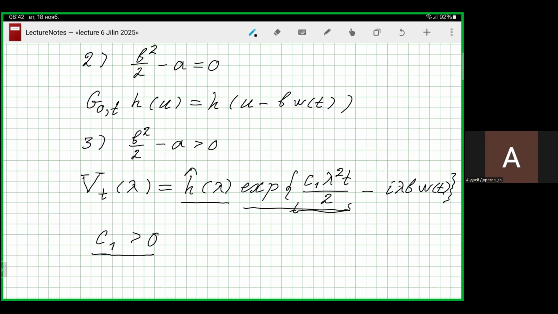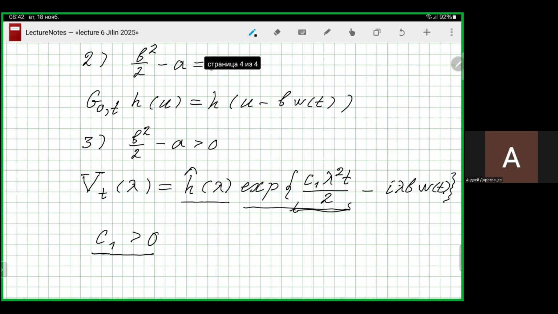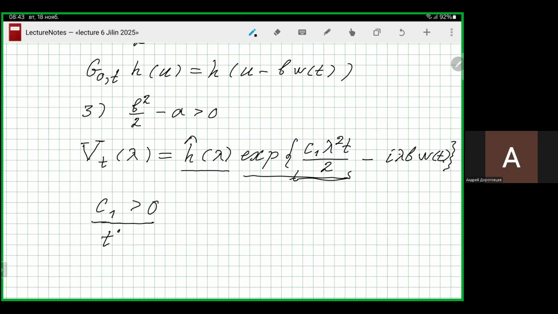So if h hat is already modified by convolution with Gaussian kernels, then we can go back and find the solution WT. But in general, no. So you see that in this case we have no solution in general.